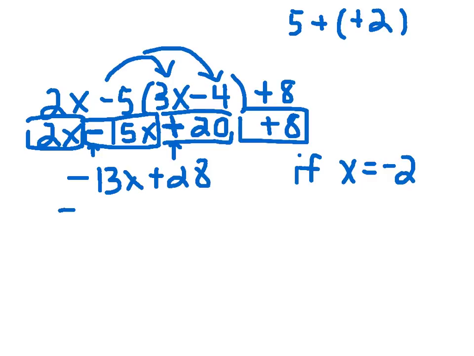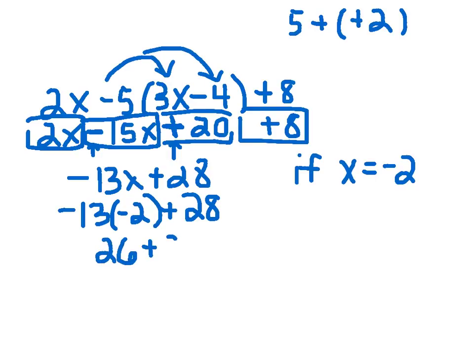So, as always with evaluation, I show replacement. Negative 13 times negative 2 plus 28. Negative 13 times negative 2 is positive 26. And positive 26 plus positive 28 is 54.